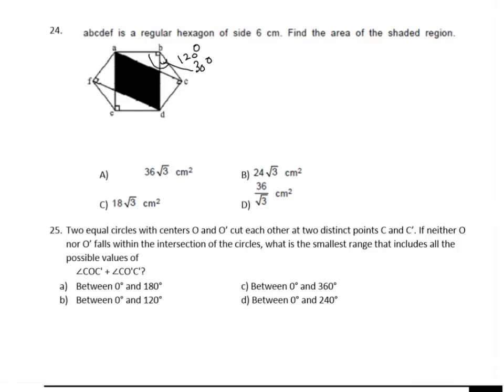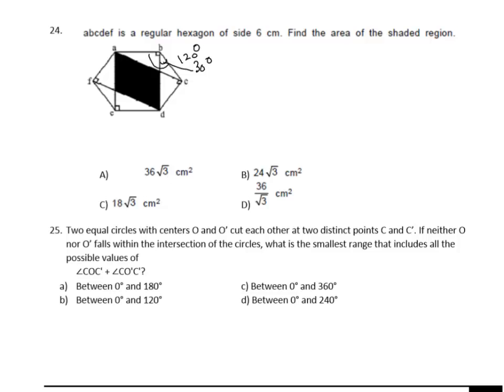If that part is 30 degrees, then you can find it out: 30, 60, 90 degree right angle triangles. It is even simpler if you remember these things.